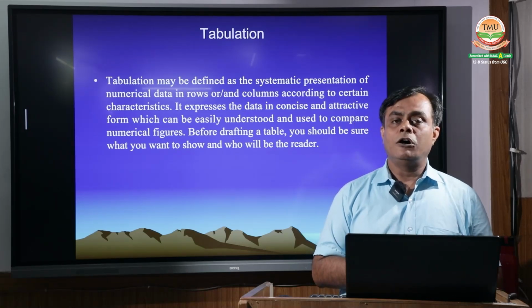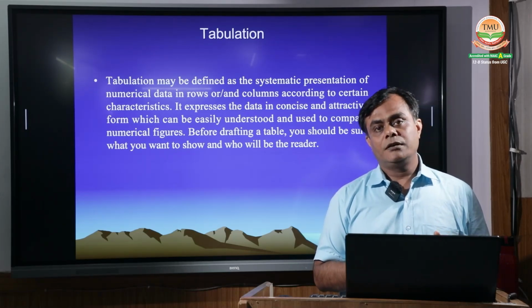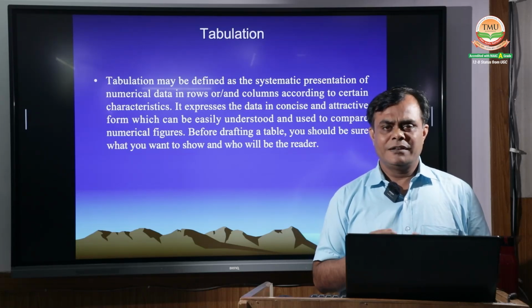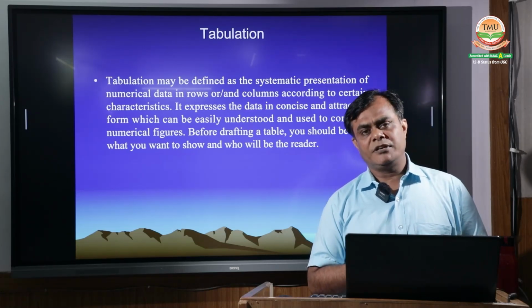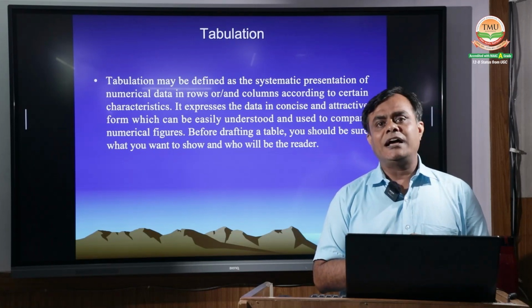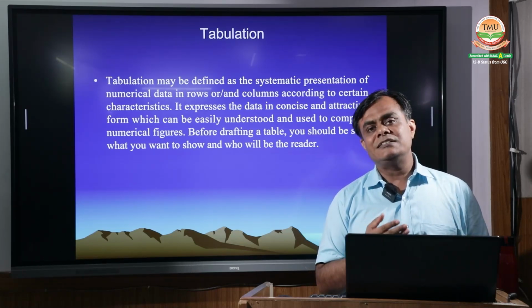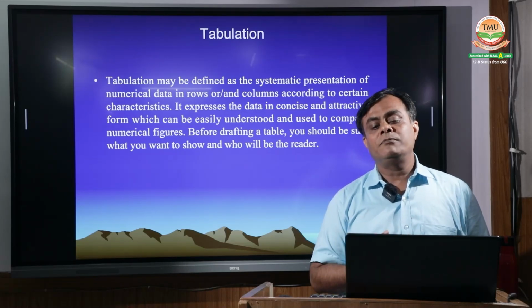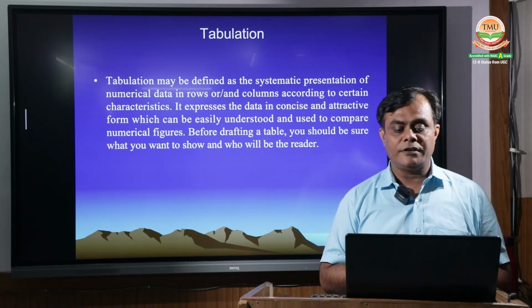How many characteristics the data has depends on the complexity of the table. If there are one or two characteristics of data, the table is very simple, but as the characteristics of data increase, the complexity of the tabular formation also increases.